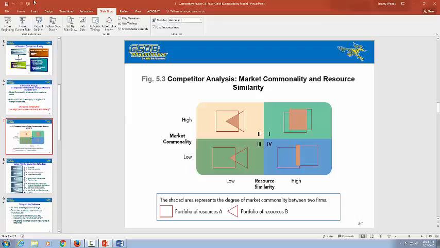Another group. Eduardo, what company are you focused on? AT&T. Okay, with AT&T, if we were to do a market positioning map, what competitor might we want to compare them to? Verizon.